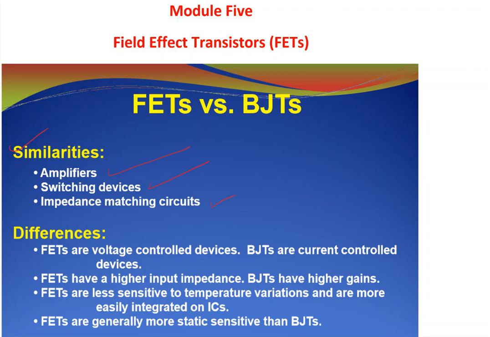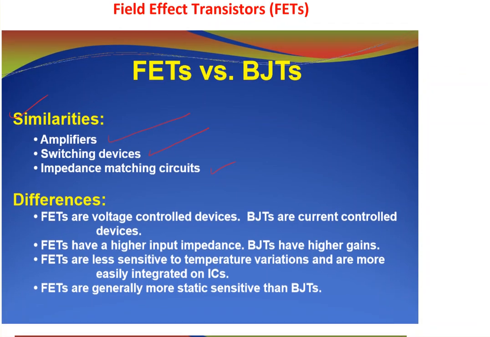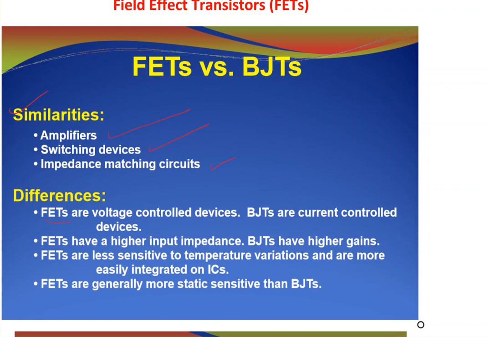However, there are some differences between field effect transistors and bipolar junction transistors. For example, field effect transistors are voltage controlled devices. On the other hand, bipolar junction transistors are current controlled devices.